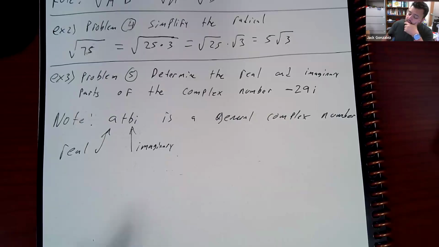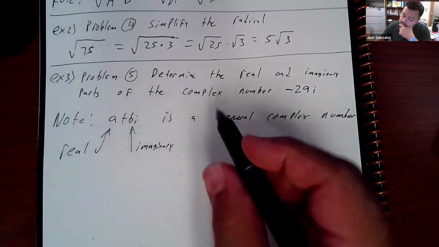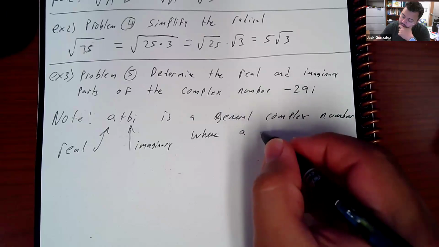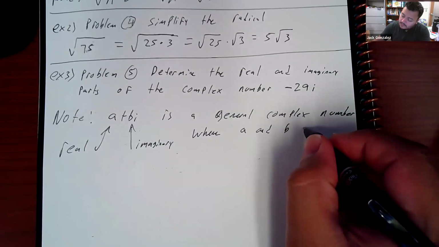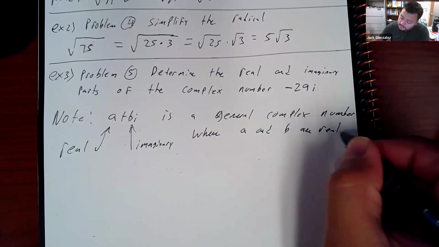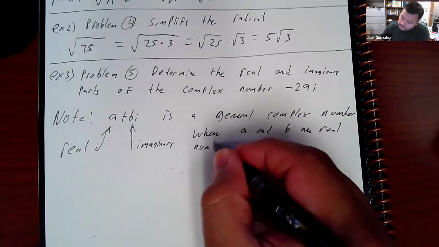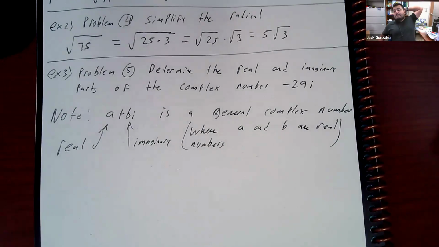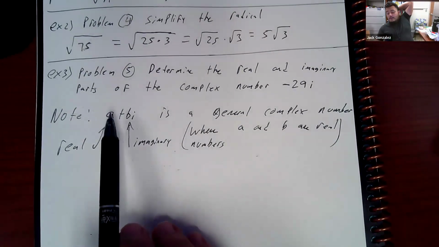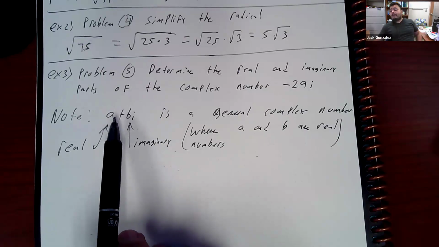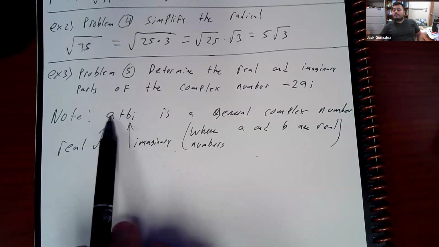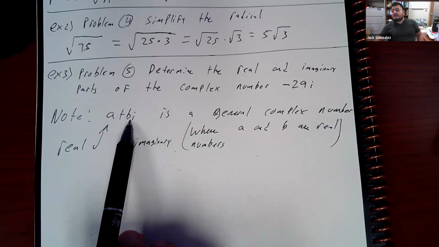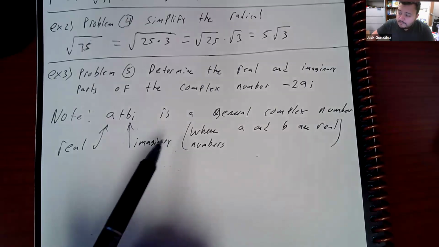So this a is the real number, could be like 5. bi is some number times i, which is your imaginary piece.